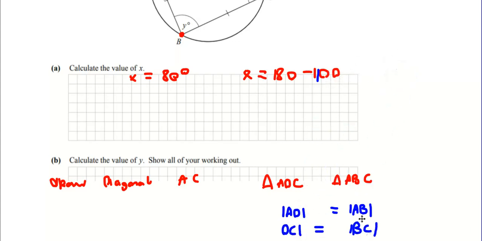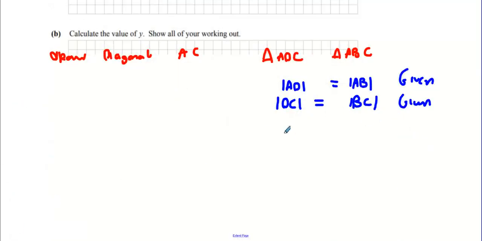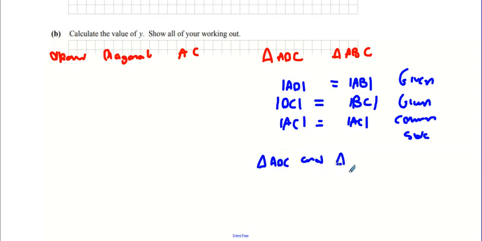So DC is BC, they're both given. Then you have the common line in the middle, the common line being A to C, the one we just drew. Common side. So triangle ADC and ABC are congruent.